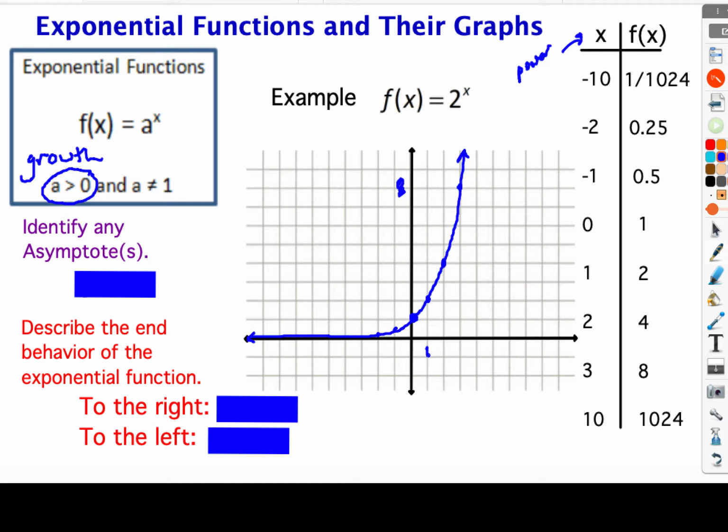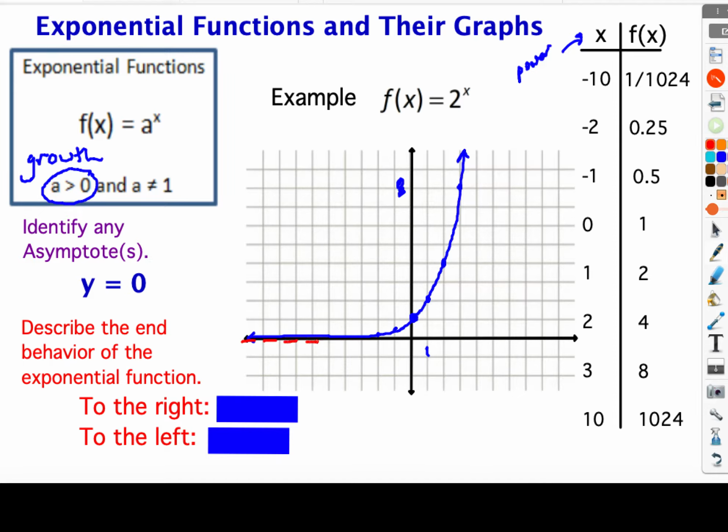Now, the idea there is, as we go out to the left, we're getting closer and closer and closer to 0. But remember, there's also no exponent that would ever turn 2 to a power into 0. 2 to the positives are big numbers. 2 to the negative numbers are tiny fractions. But nothing in the exponent is ever going to turn that to 0. So therefore, we have an asymptote at y equals 0. We're going to graph that with a dashed line.